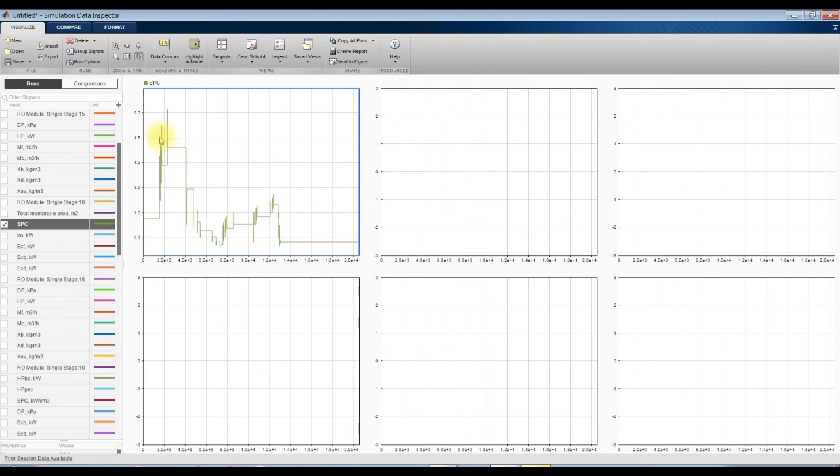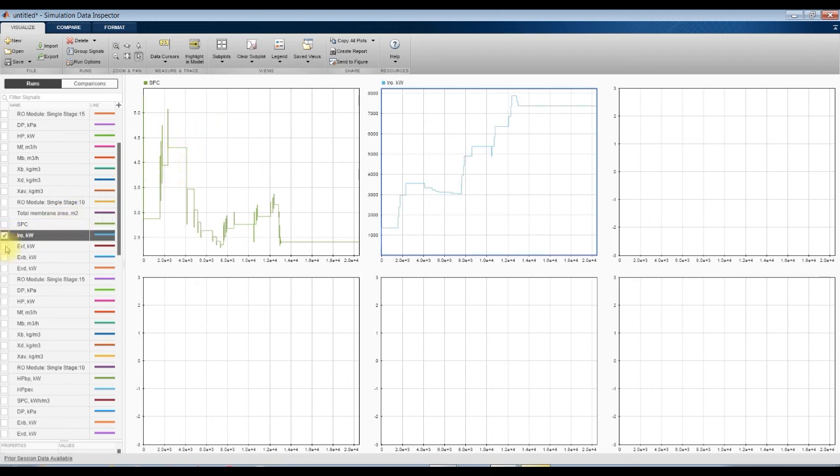So this fluctuation is the same as what happened with the pressure, and the pressure has the maximum effect on the specific power consumption.